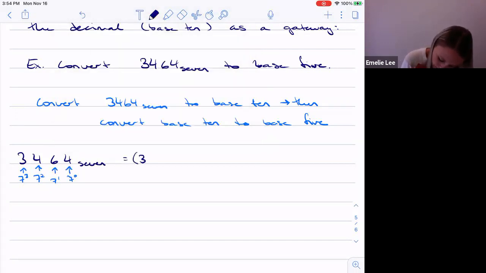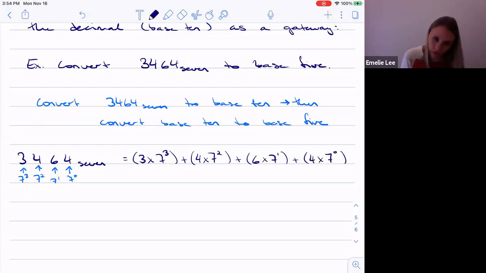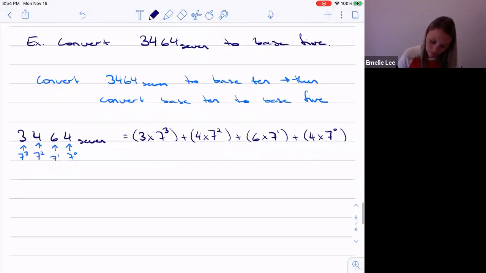So this becomes 3 times 7 to the power of 3, plus 4 times 7 to the power of 2, plus 6 times 7 to the power of 1, plus 4 times 7 to the power of 0. Okay.